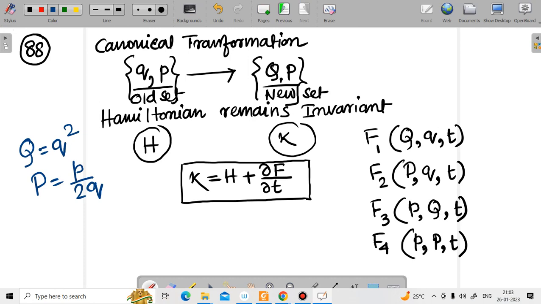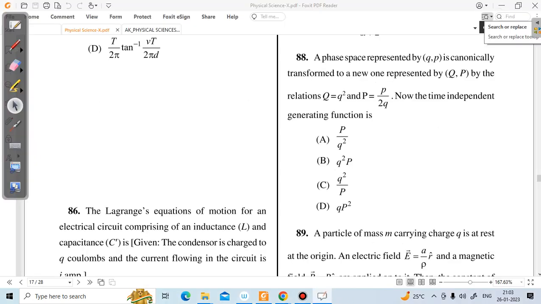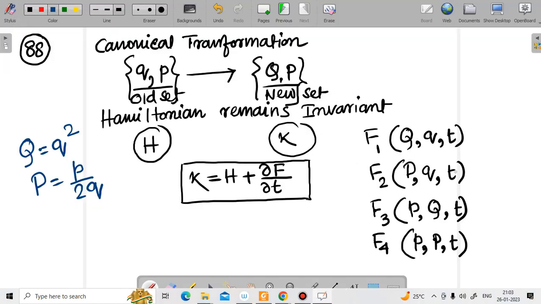Four options are there, as you can see, and the four options are given as capital P and small q. So capital P and small q is F2. And what are the equations of motion corresponding to F2?